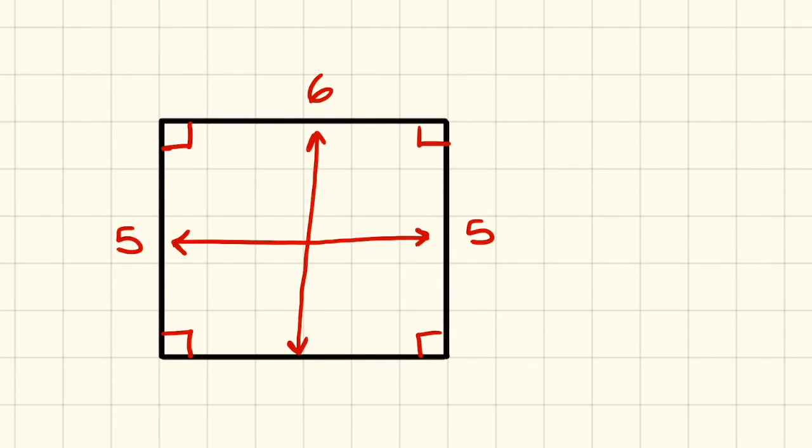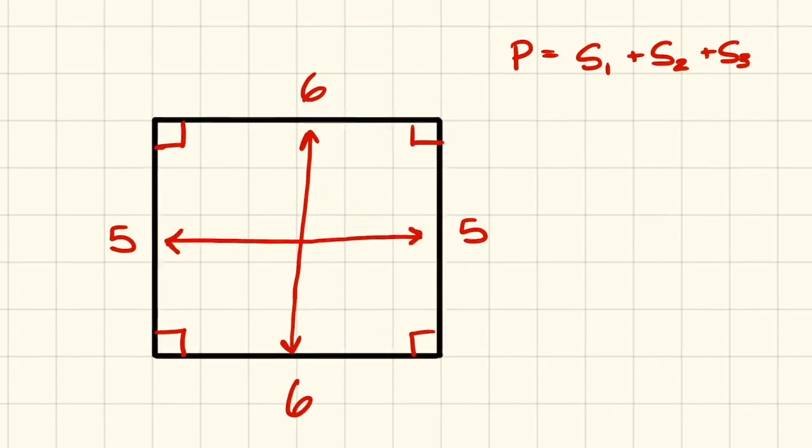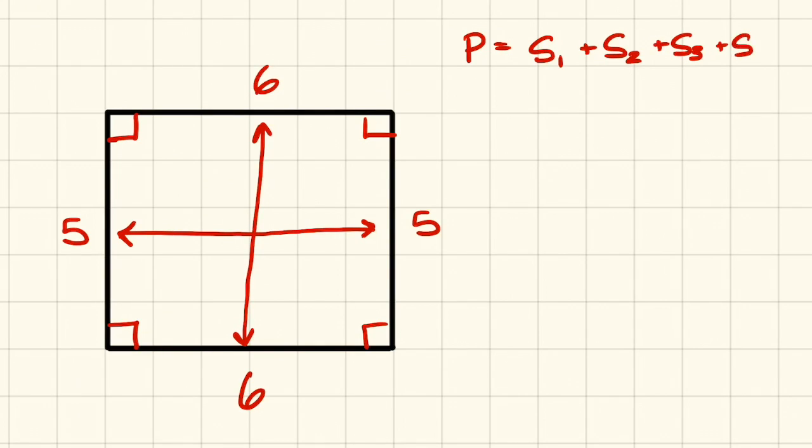That helps us understand that I don't necessarily have to go 6 plus 5 plus 6 plus 5 to solve perimeter. So if I wanted to, I could write P equals side 1 plus side 2 plus side 3 plus side 4.